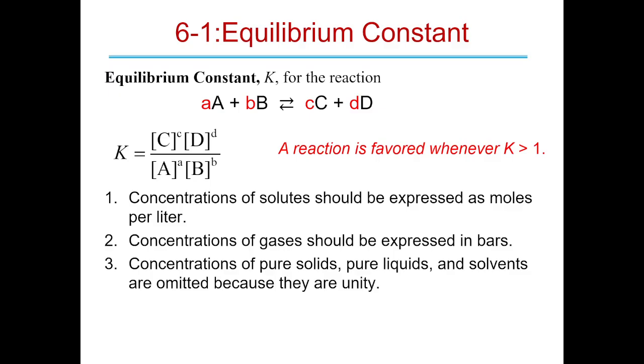If it's a gas, it would be pressure, right? So concentration of solutions, solutes, should be expressed as moles per liter. Concentration of gases should be expressed in bars. Why don't I mention pure solids, pure liquids, solvents?